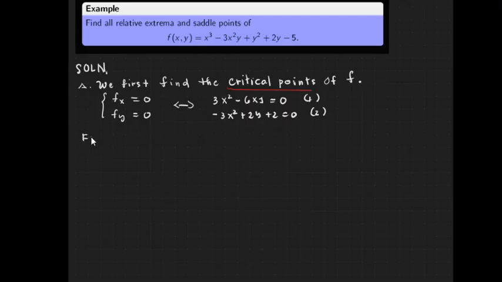So from 1, we get this factorization: 3x times (x minus 2y) equals 0. And that means either x is 0 or x is 2y if (x, y) is a critical point.